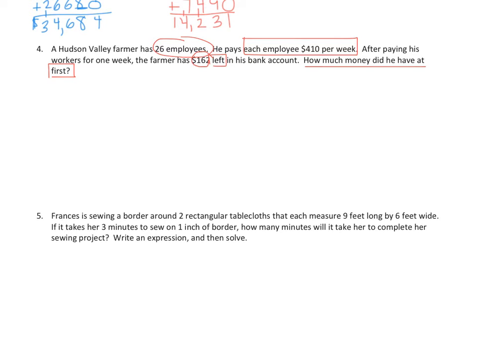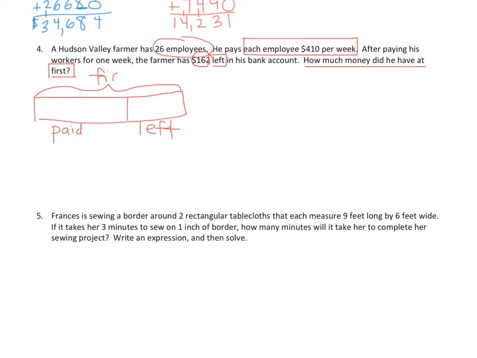That means how much money did he start with before paying his employees. So if we do a short little tape diagram, and you're going to kind of just model the thinking that this is how much he paid, and this is how much he had left, and then up on top is how much he had at first, which we don't know. That's what we're trying to find out.